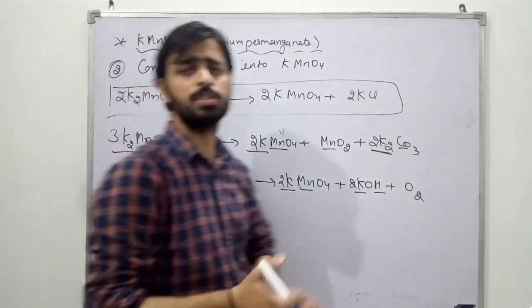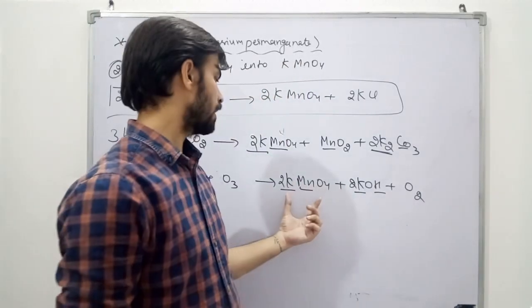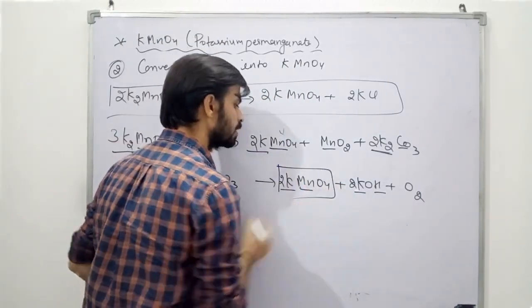By these two steps, we can easily convert manganese oxide into potassium permanganate, which is our very important compound.